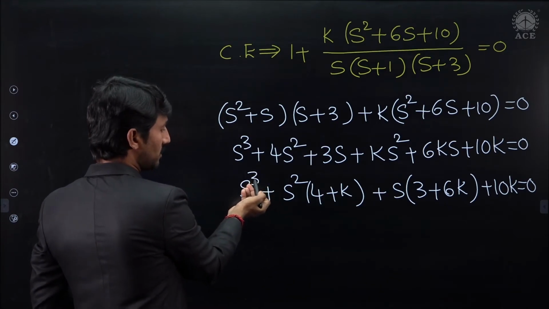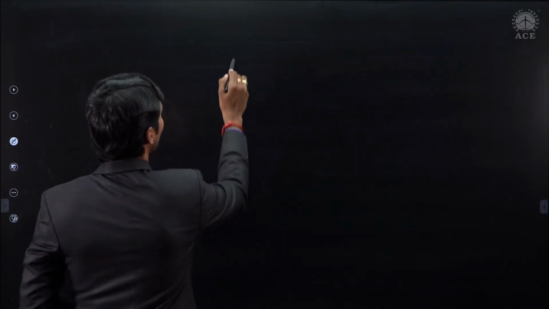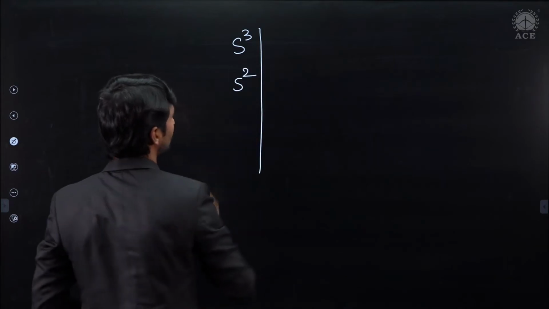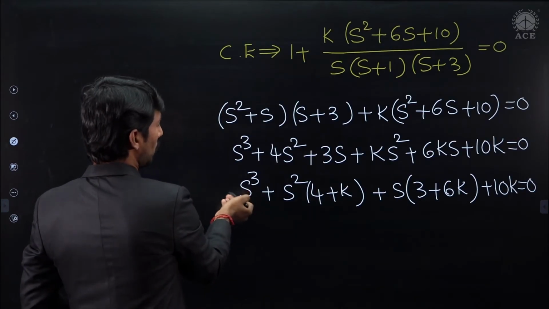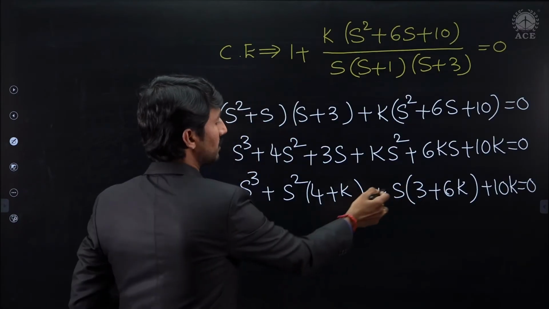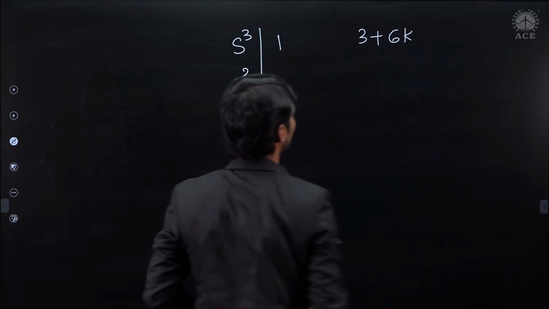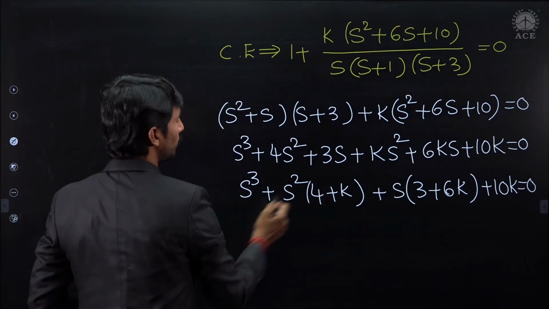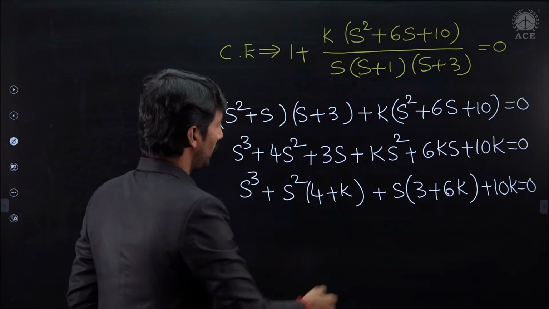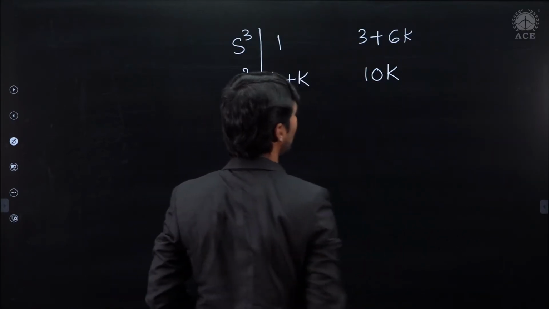The highest order is 3, then 2, 1 and the constant. So I am taking here S cube and S square. What is the S cube coefficient? 1. And after that, the S coefficient is 3 plus 6K. The S square coefficient is 4 plus K, and the constant value is 10K.